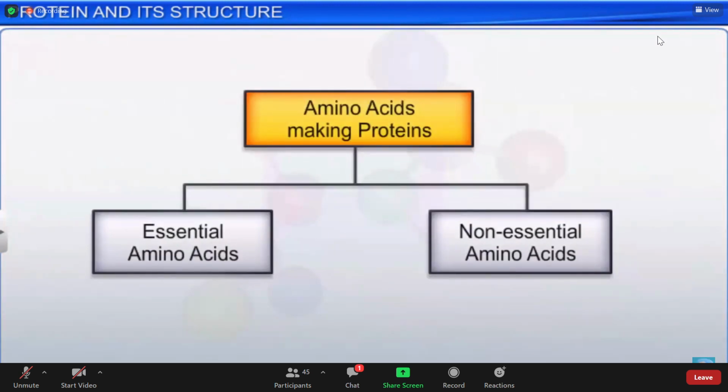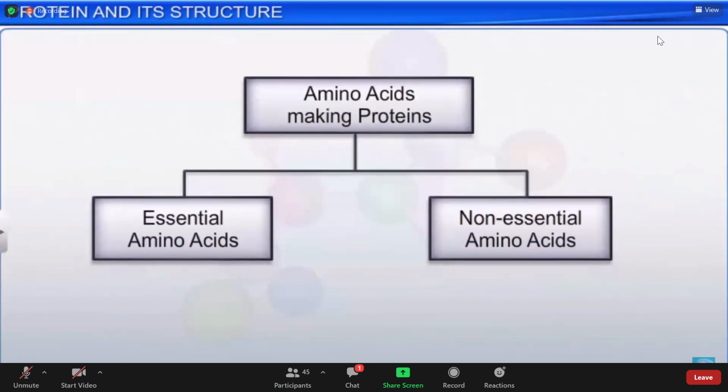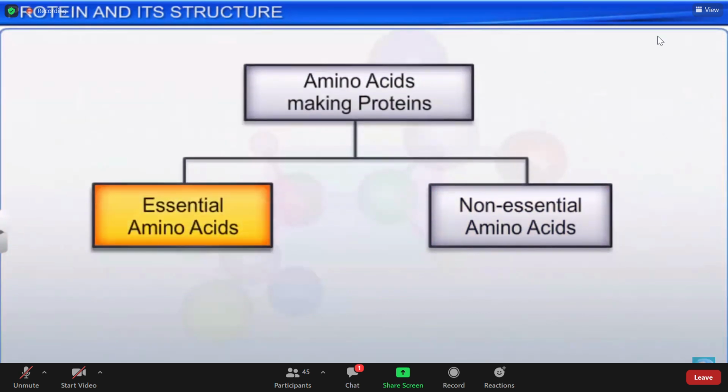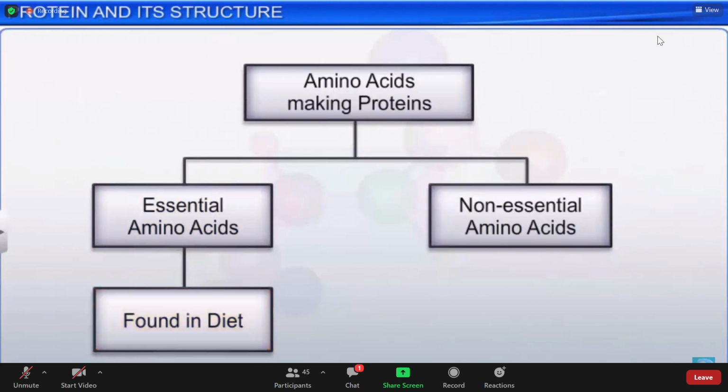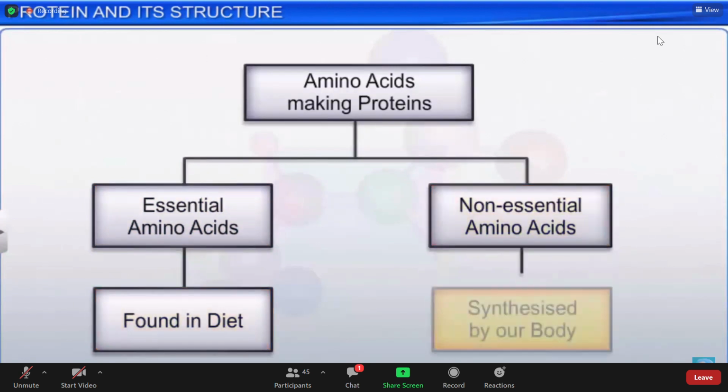Amino acids that go into the making of proteins can be essential or non-essential. Essential amino acids are found in our diet, while non-essential amino acids are synthesized by our body.